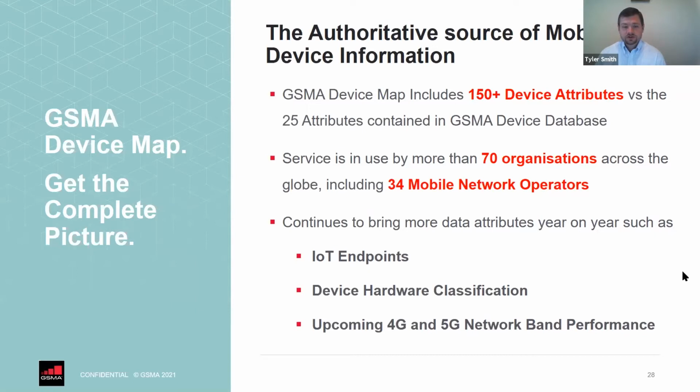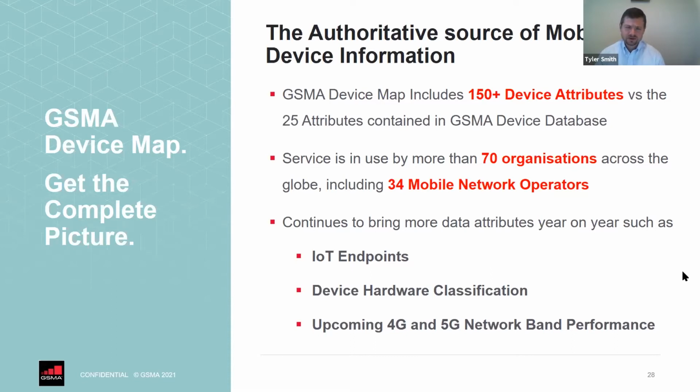So with regards to device map, at a high level it enables mobile network operators and MVNOs to get the complete picture of devices they see on their networks, and also more information and analytics about how those devices are utilizing your network.